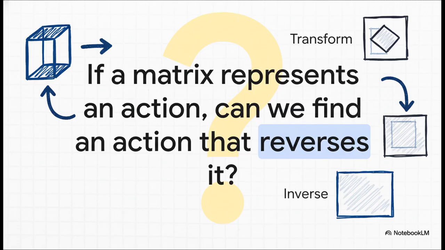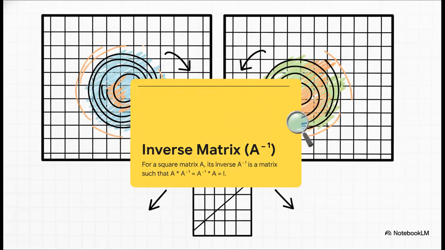The answer is a big yes, and it's called the inverse. The inverse of a matrix A, which we write as A with a little -1, is its perfect operational twin. When you multiply a matrix by its inverse, doesn't matter which order, you get something called the identity matrix. And the identity matrix is basically the matrix version of the number 1. It cancels out the original operation. It really is the ultimate undo button.